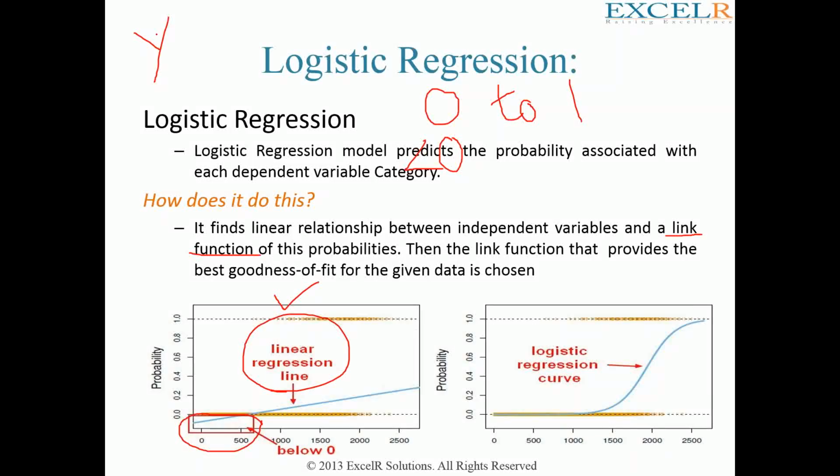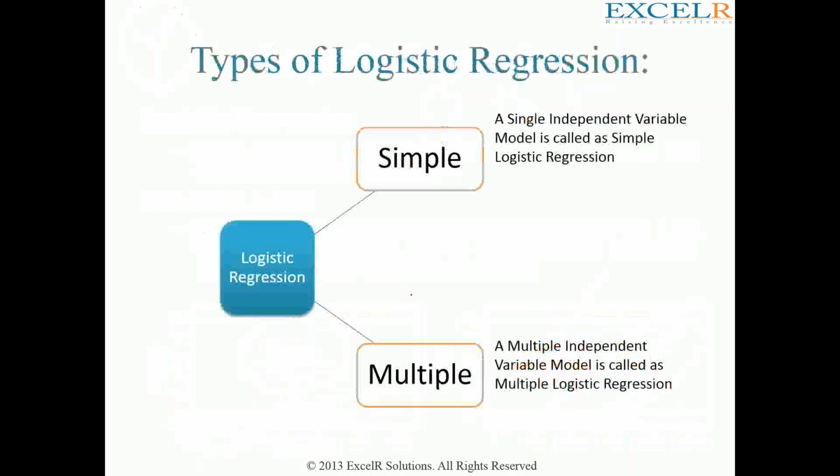Hence, if your y or outcome variable is attribute data, we end up using the logistic regression curve. This curve looks like an S, and it is called a sigmoid curve. All right, so we'll take this discussion further.